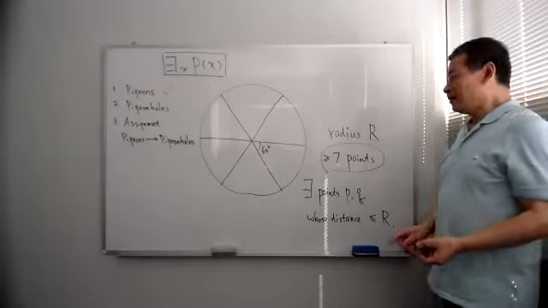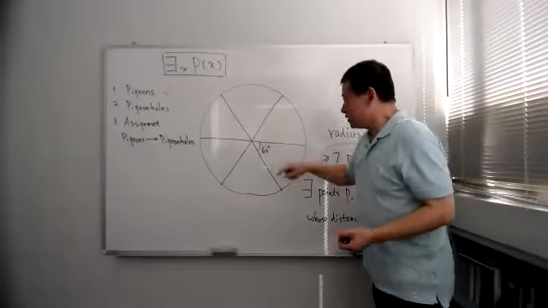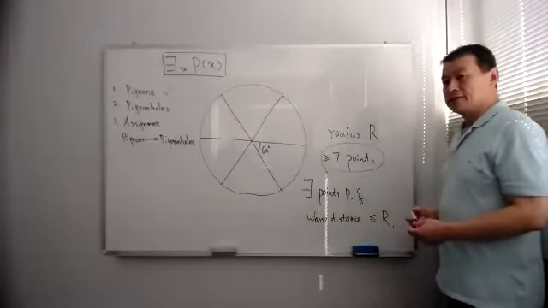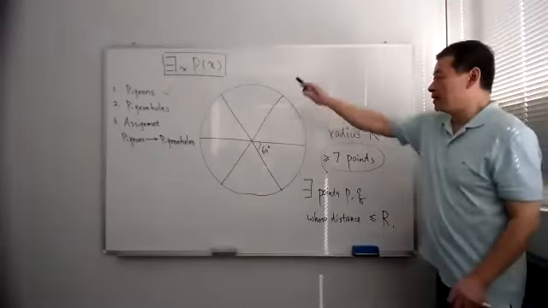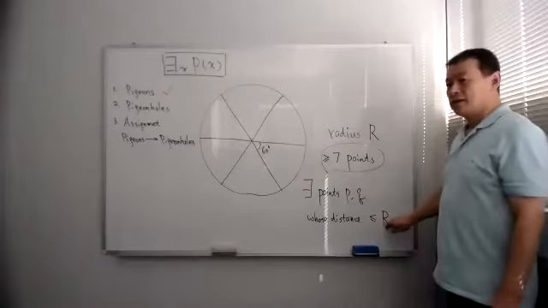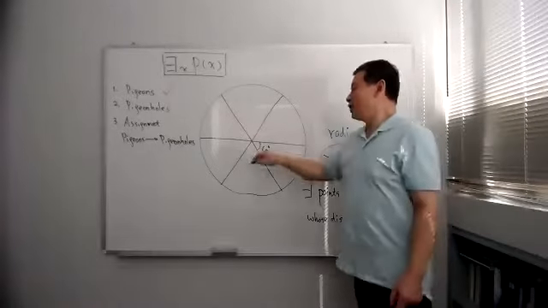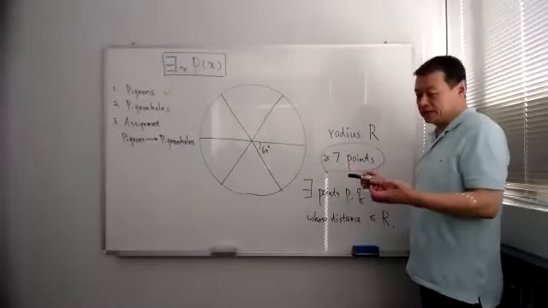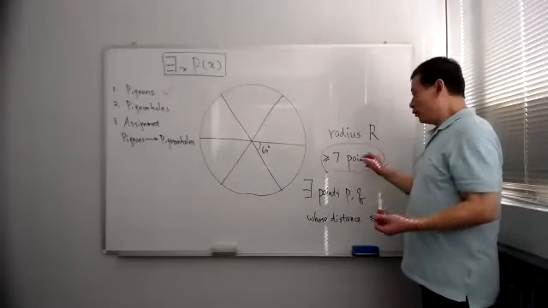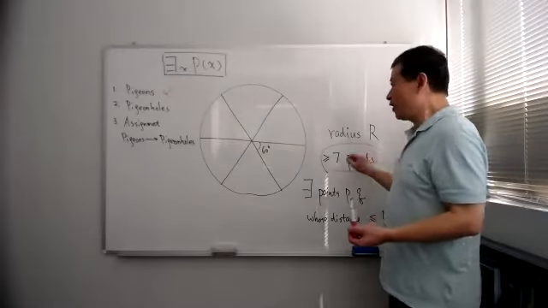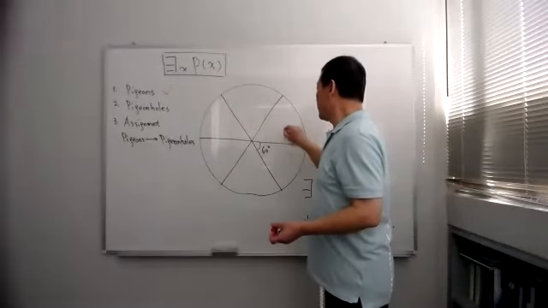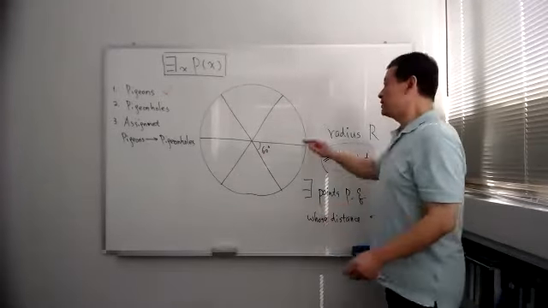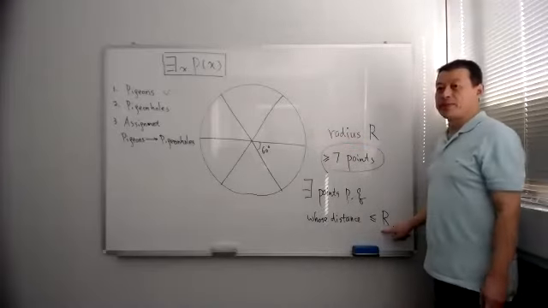Now, within each section, for any 2 points, the distance is at most r, by the property of the circle. Now we have 6 pigeonholes and 7 pigeons. That means that regardless of how we put these 7 points inside the circle, some pigeonhole contains 2 points, and then their distance is at most r.